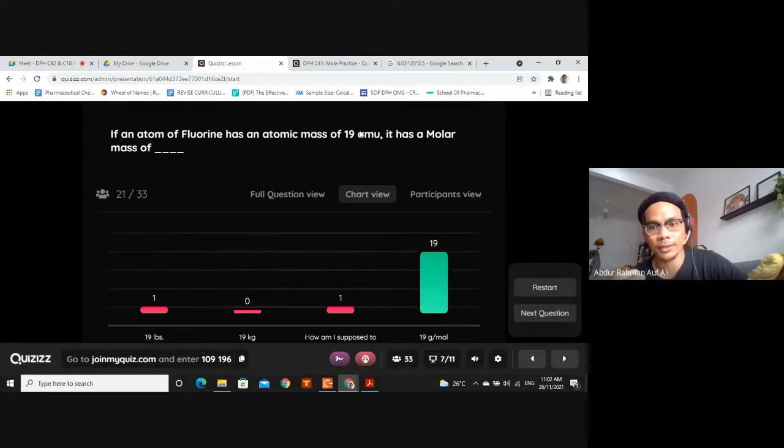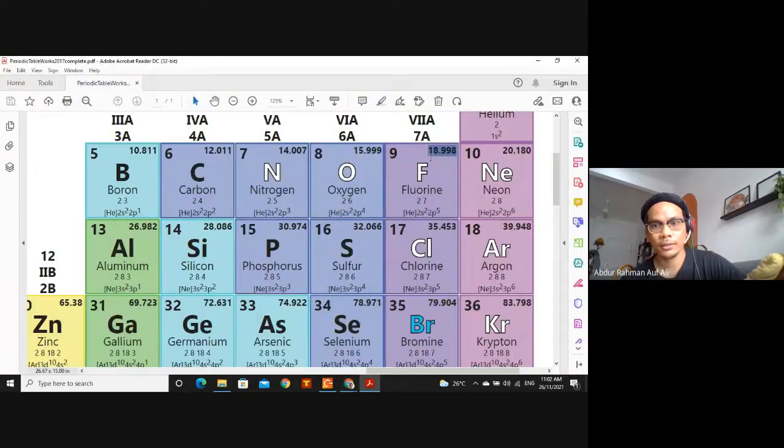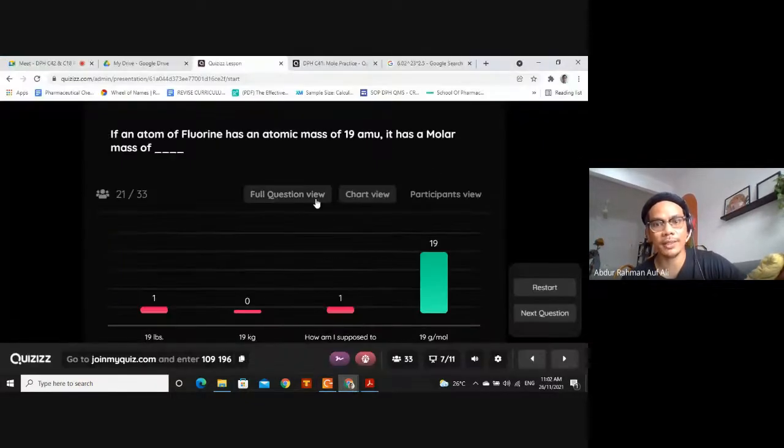Okay, so kalau dia kata berat sesuatu atom of one element adalah sedemikian AMU, kalau bersamaan dengan 1 mol, that means dia ada 1 mol of that element. So in this case, kalau the AMU is 19, which is equals to the berat of 1 mol, 18.998 ni kita bundarkan jadi 19. That means dia punya molar mass adalah 19 gram per mol.